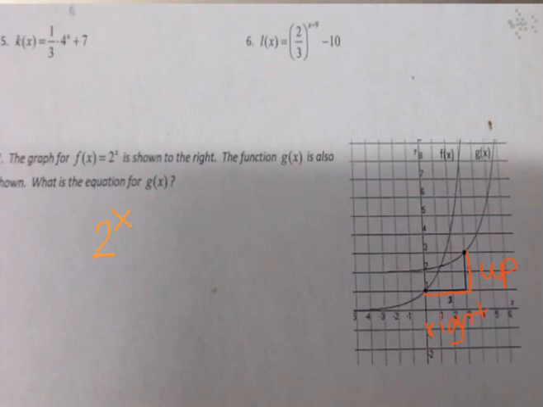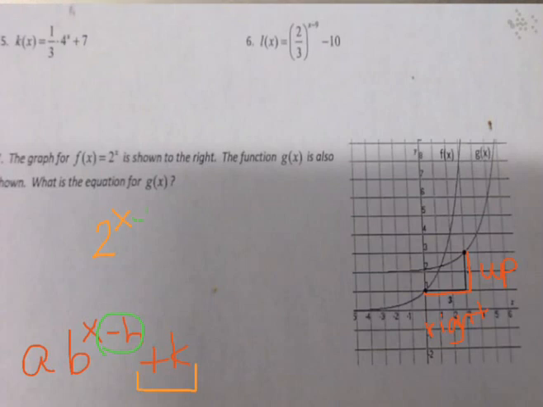So think about it. What moves things left or right? Well, we have a, b, x minus h plus k. H moves things to the left or right, and k moves things up or down. Well, this one went to the right. So if it goes to the right, remember we do the opposite.